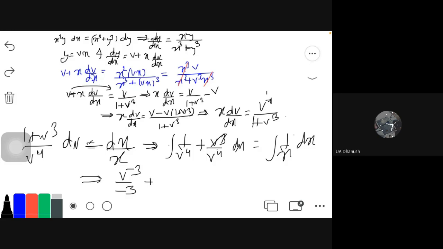So integration of 1 by v will be log of v. Similarly, integration of 1 by x will be log of x. So constant also I'll write it as log of c.